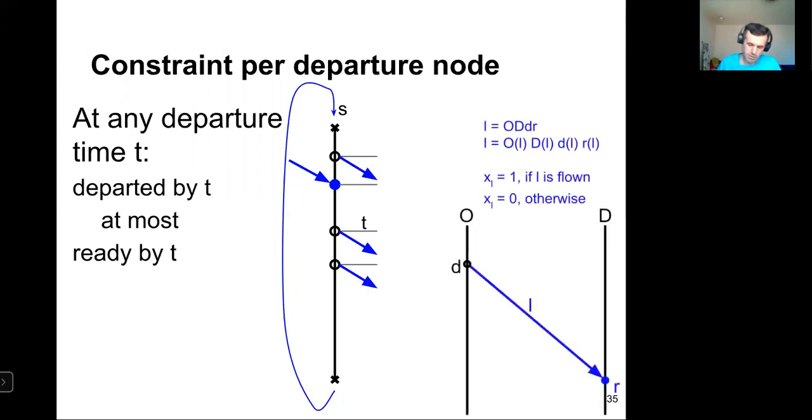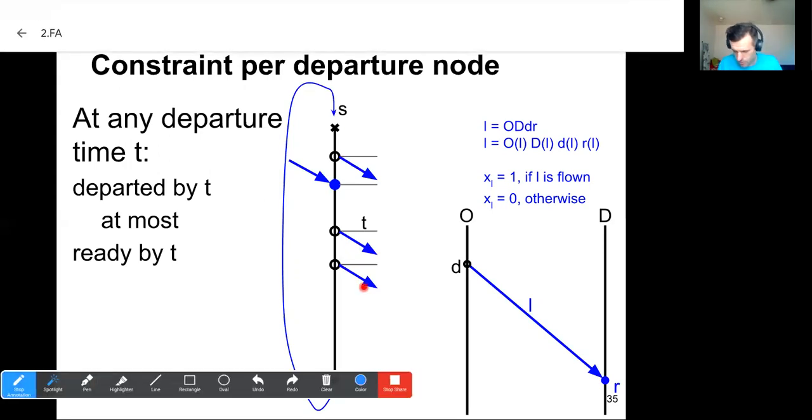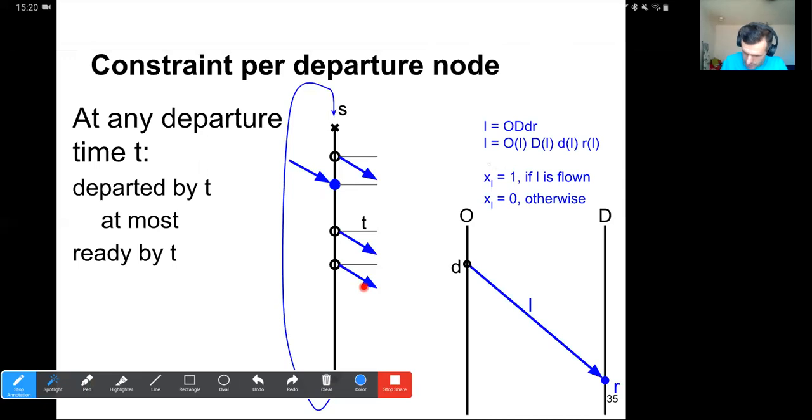Now, how do we write this constraint, that at any departure node the number of aircraft departed by that time does not exceed the number of aircraft ready by that time? Again, we look at our notation for the links. Recall that every link is represented by four things: origin, destination, departure time, and ready time.